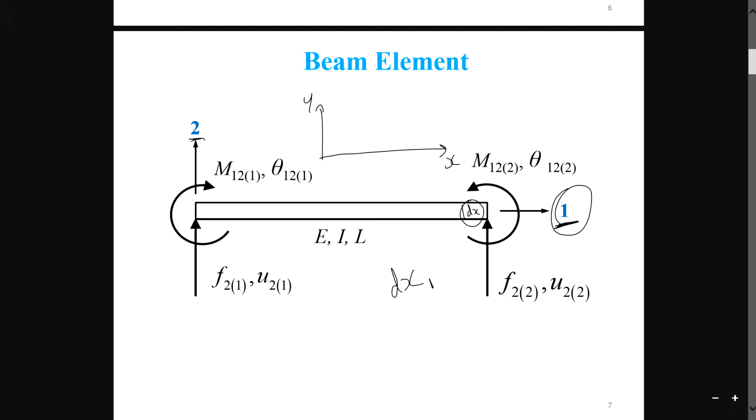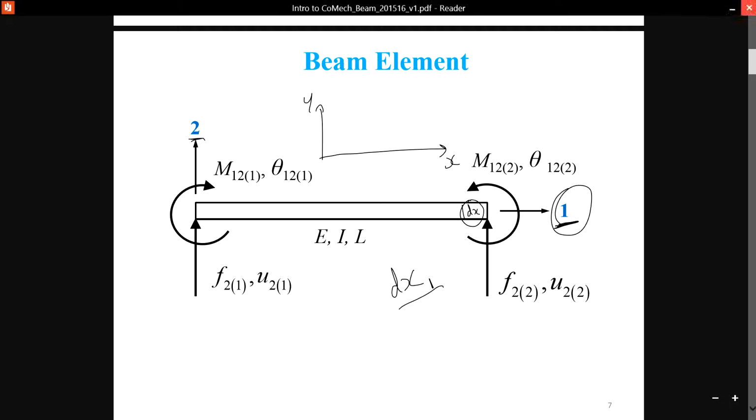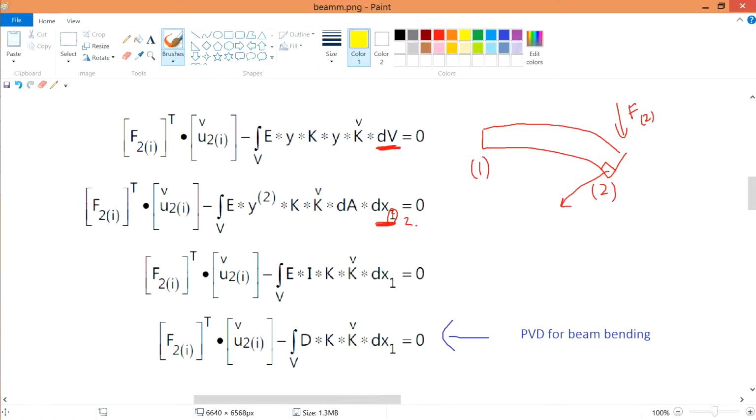I leave you to think about it. At least I created something for the room to discuss. Anyway, let's continue first. The purpose of our step over here is to change dV into dA times dx1, while the rest are the same.